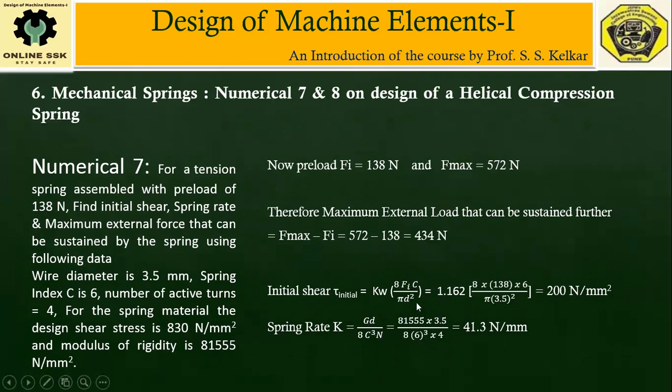So just using the values of known terms in the formula, we can calculate spring rate, which happens to be equal to 41.3 Newton per millimeter square. So likewise, we have calculated the further load that can be sustained by the spring wire, initial stress, shear stress inside the spring wire, and the spring rate.